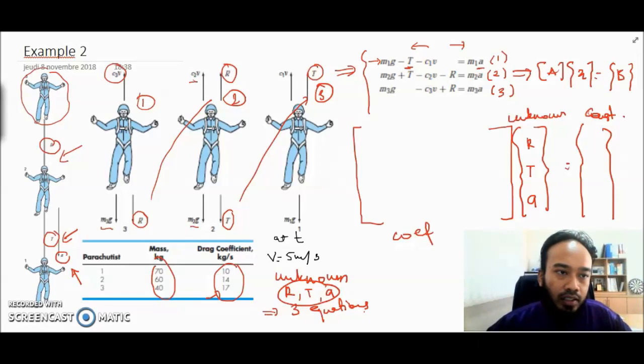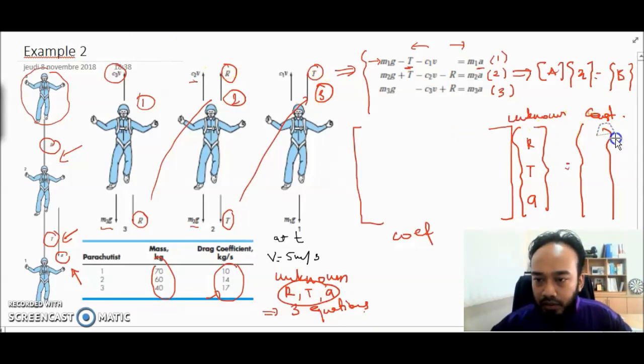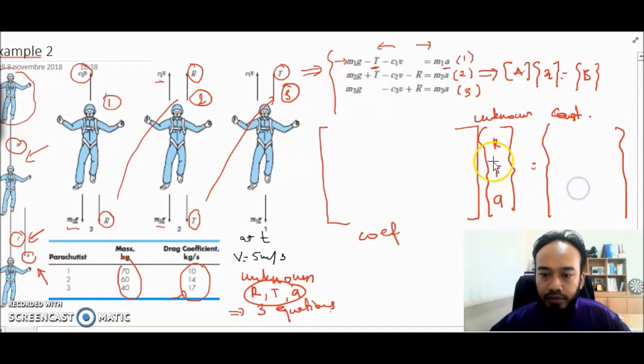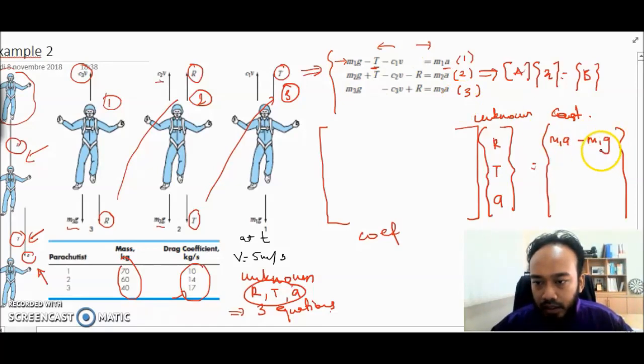Let me make the constant larger now. So now we have constant M1 multiplied by A minus M1 multiplied by G. As for the coefficients, there's nothing multiplied by R, so it's 0.